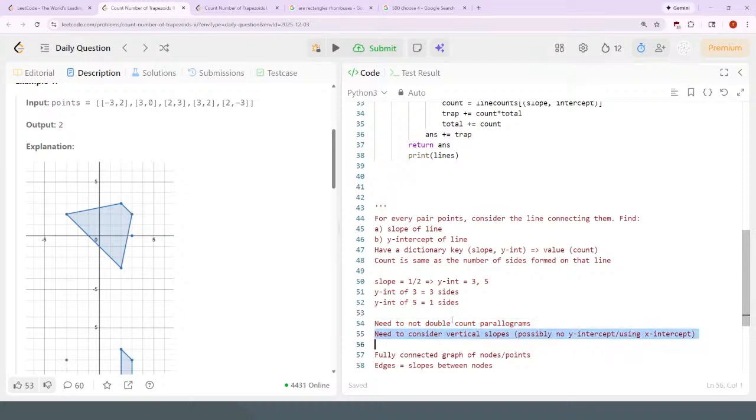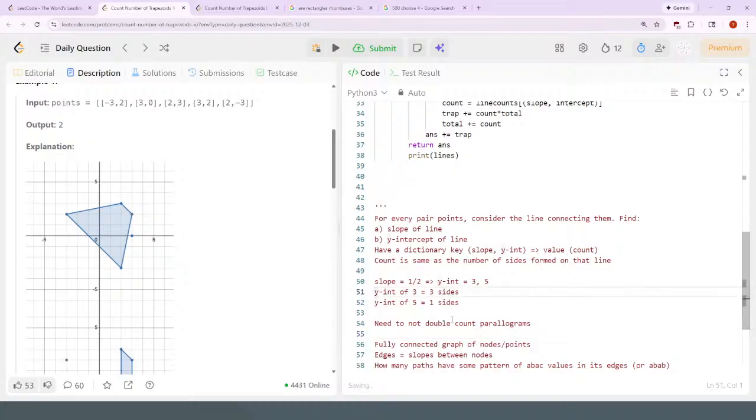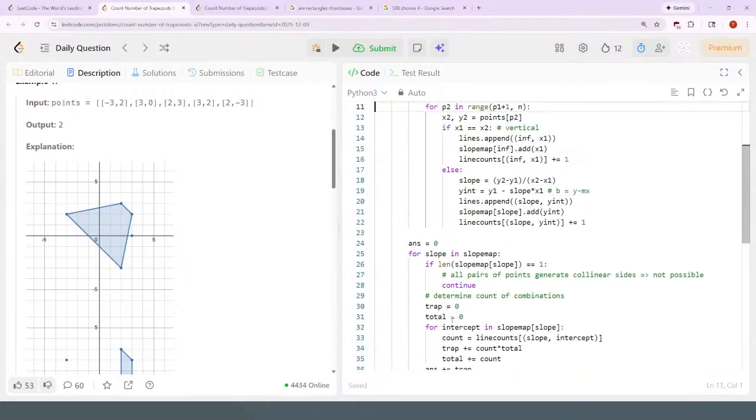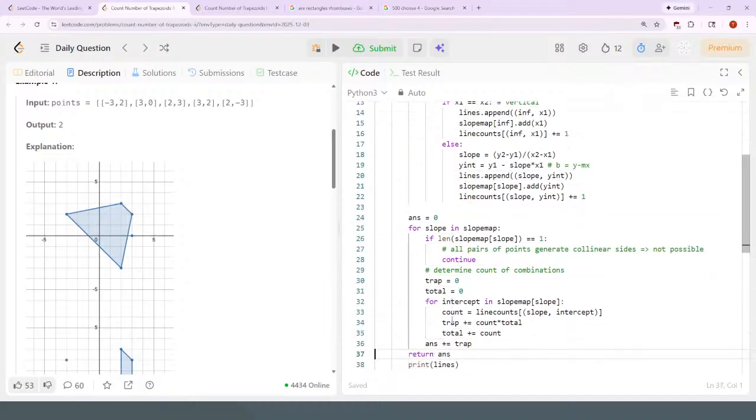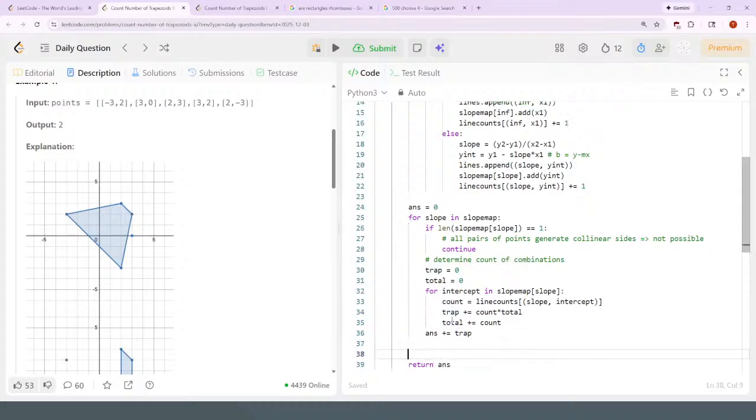This is using infinity as the slope and x-intercept as the differentiator. Only double counted because it's not triple counted, huh?